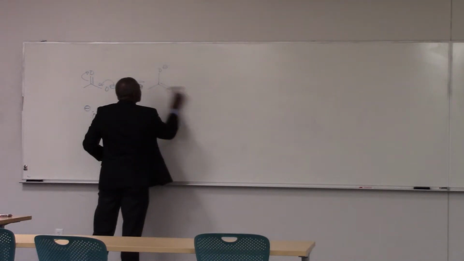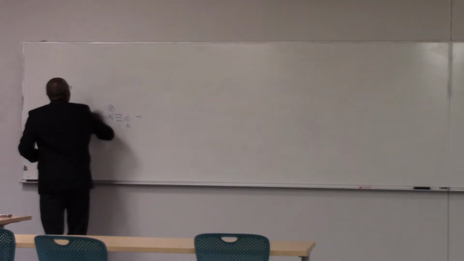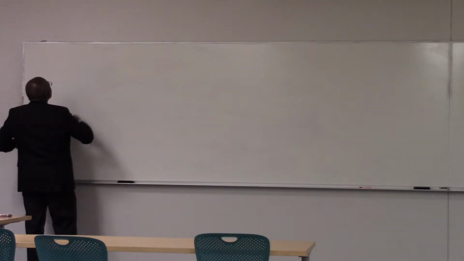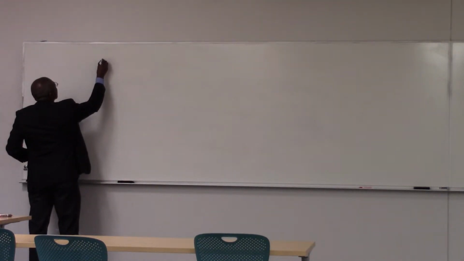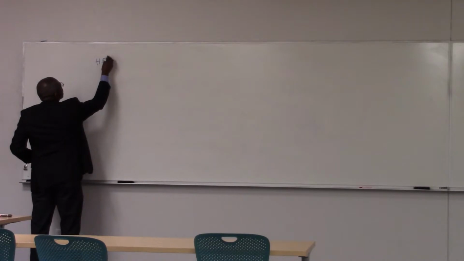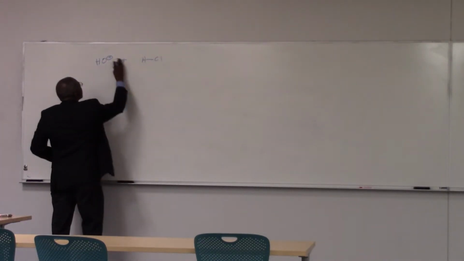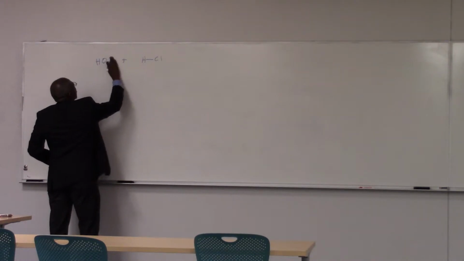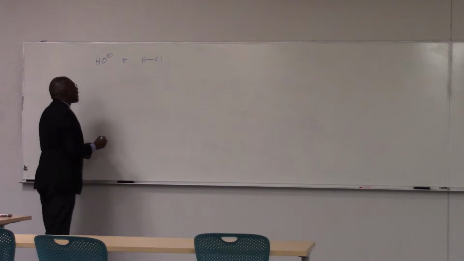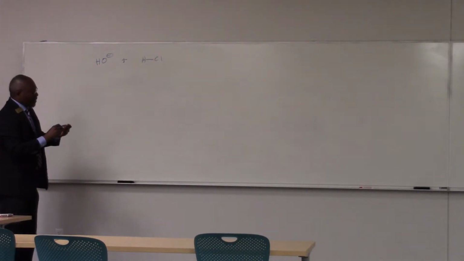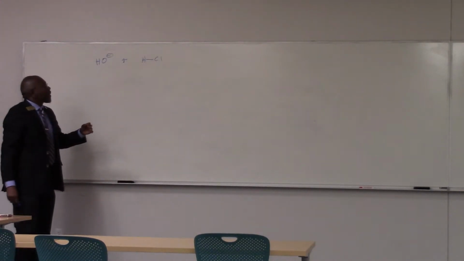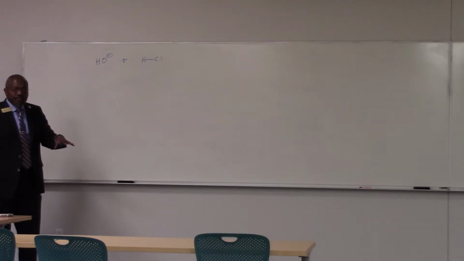I'm going to start my first look at mechanisms by looking at the reaction between, say, hydroxide ions and HCl. And I want to ask two questions. Question one is, what do I get?